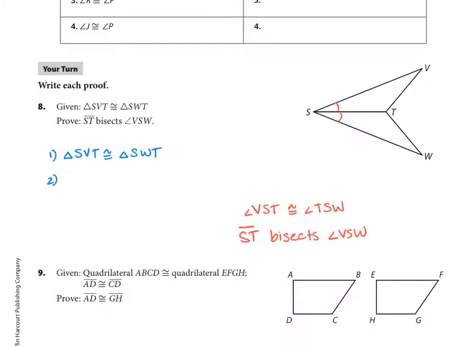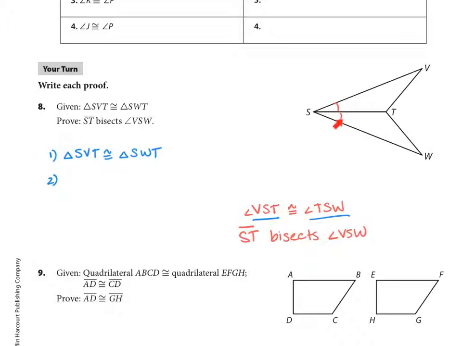Well, do we actually know this is true? Do we know that angle VST is congruent to angle TSW? Absolutely, we know that. We know it because, check it out, VST, S is the vertex. So look at our congruent statement. Just look at statement number 1. S is the first letter, right? That's S from this triangle, the top triangle, right here. And S in the other triangle is also the first letter.